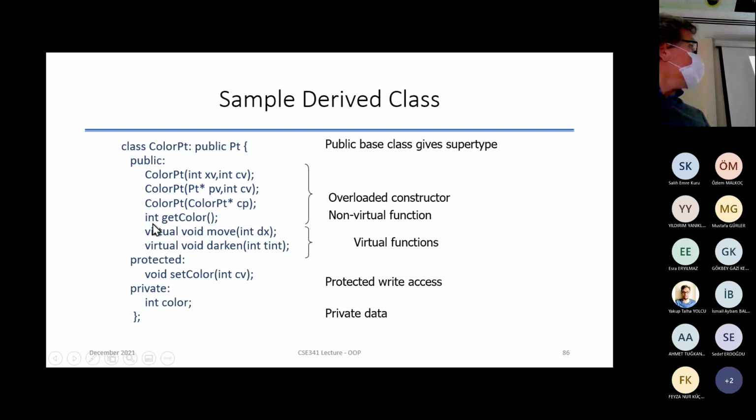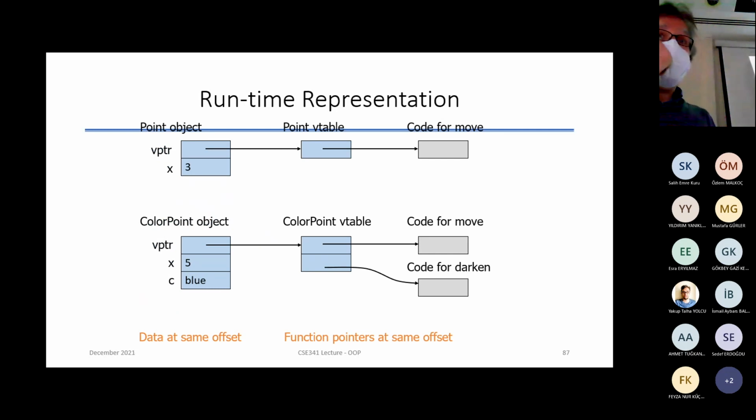You have your non-virtual function, and you have your virtual functions. Right. And again, protected and your private things as well. Here, of course, in the derivation, you have the other X and Y stuff up there as part of your base class, and you have your new entry as your private entry.